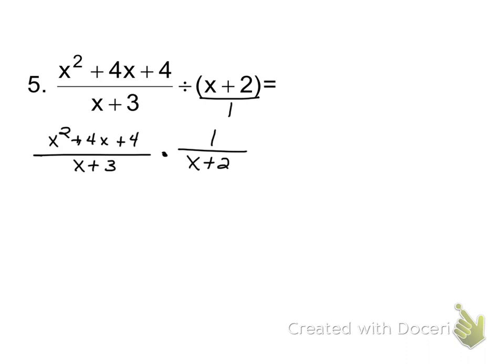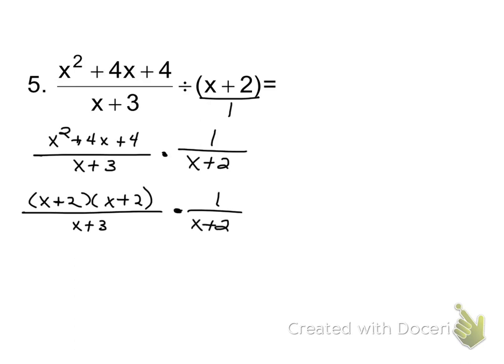So let's factor. The only thing that needs to be factored is this first numerator. So that's going to be x plus 2 times x plus 2, that multiplies to be 4 and adds to be 4, over x plus 3 times 1 over x plus 2.